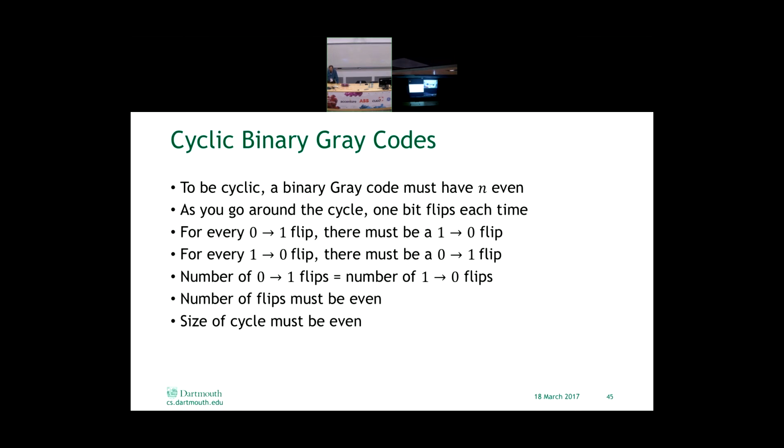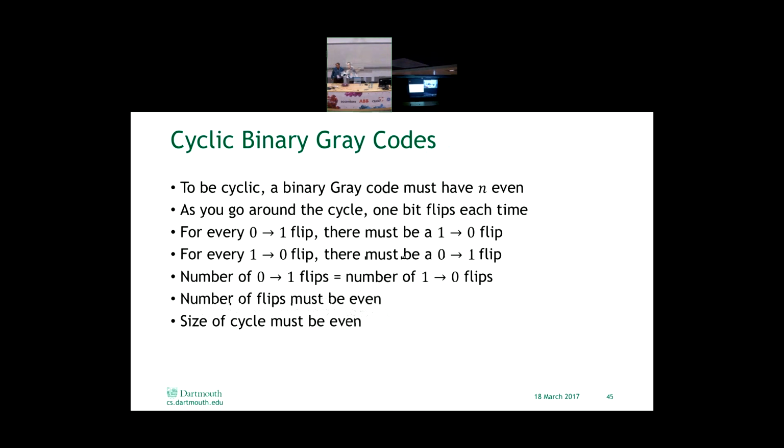We wrote this up, and everything that I've shown you so far is in a paper that we created. For n over 2, notice I don't have to take a floor here because n is even. So I know n over 2 is an integer. Reflect it. And then append 0 to the top half. In other words, put it on the right-hand side. Now, when we have the dense binary gray code for n over 2, that gives us numbers 0 to n over 2 minus 1.